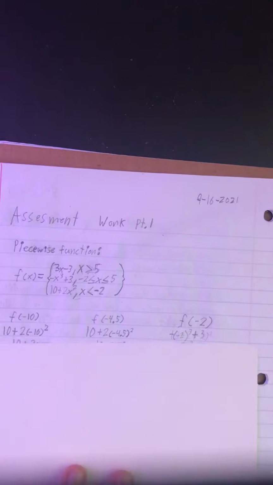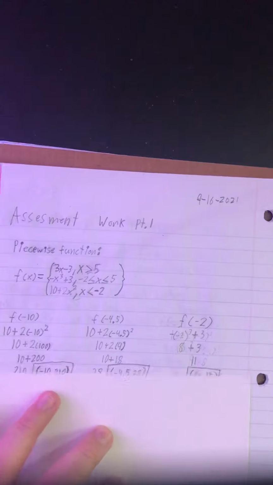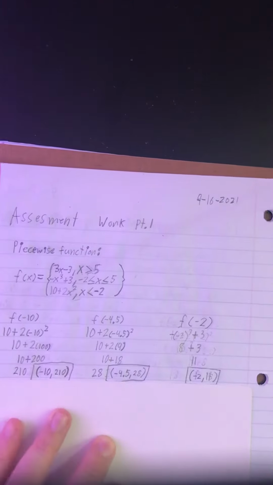First thing we want to do is multiply our negative 2 by the negative on the outside, and that will give us positive 2. And then we need positive 2 to the third. We need to work that out. So then we get 8 plus 3, and 8 plus 3 equals 11. And then we plug in 11 and negative 2 as our ordered pair, and we get negative 2, comma 11.